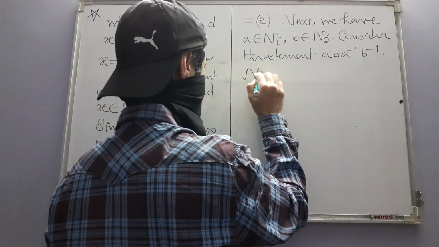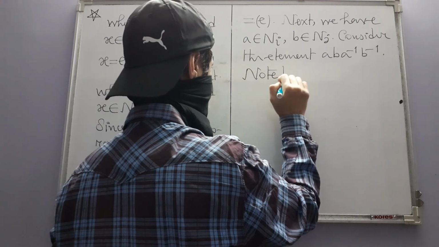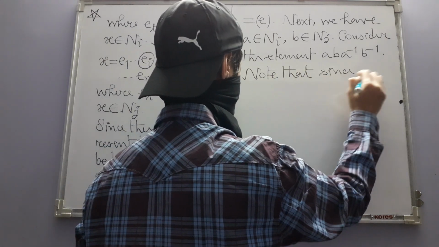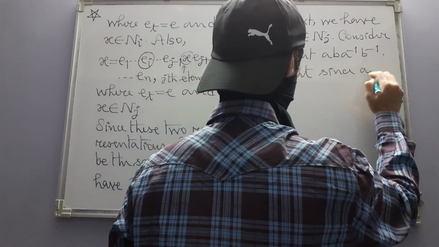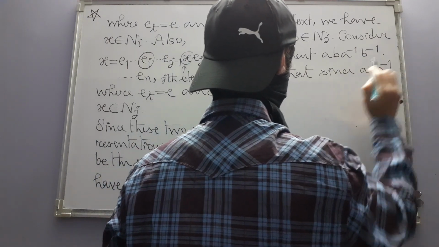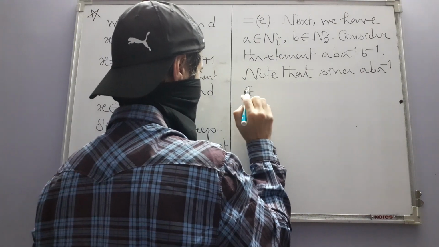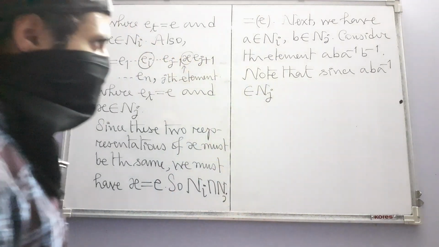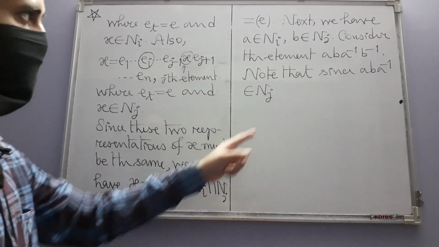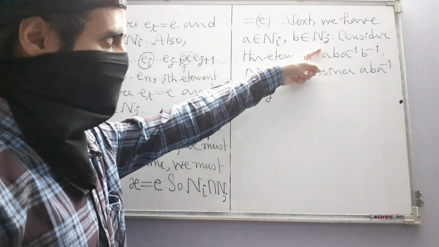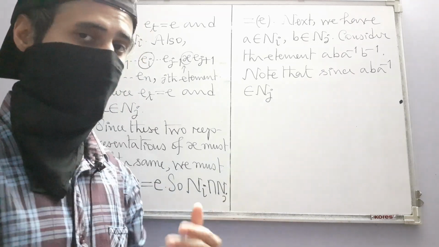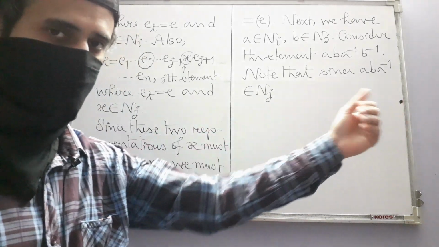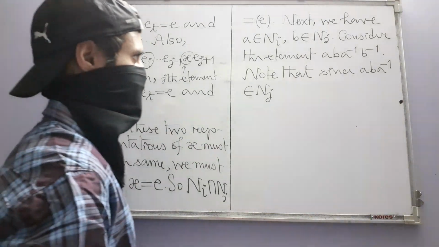Note that since a, b, a inverse belongs to Nj, why? b is in Nj and Nj is normal. That is why this conjugate of b, a b a inverse, needs to belong to Nj.